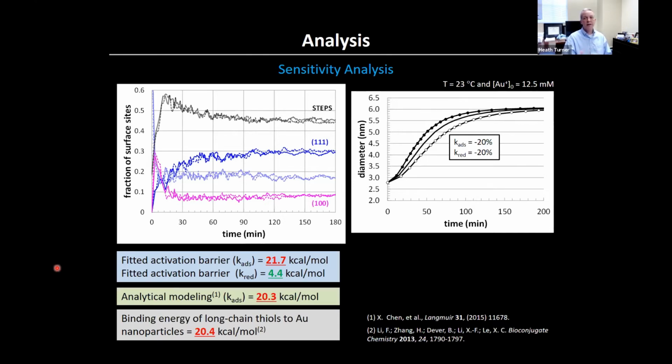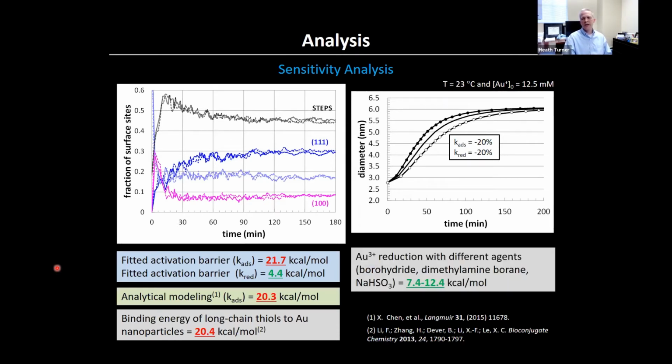And we get a very similar binding energy compared to what we're finding in our systems. So again, we feel like these are very robust and actually predictive models versus some other kinds of analytical models that you might be able to develop for these systems.